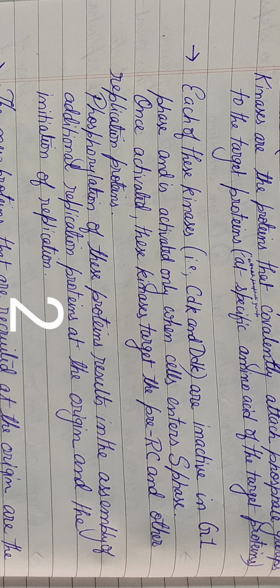So the kinase becomes activated only when the cells enter the S phase. Then the kinase will phosphorylate the target pre-replication complex and other replication proteins. Phosphorylation results in assembly of additional proteins at the origin and initiation of replication.